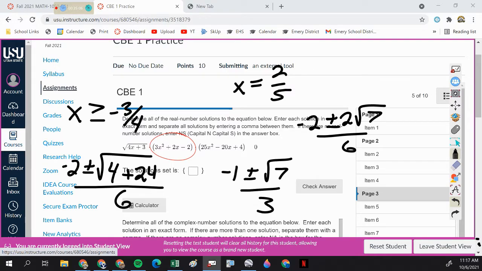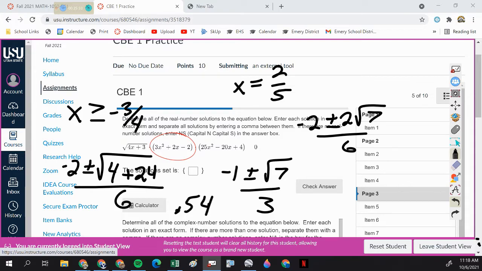Now, are those answers acceptable? I don't know. We've got to find out what the decimal equivalents are. So, negative 1 plus root 7. Oh, wow, that was nice. And then I will divide that by 3, and I get 0.54.